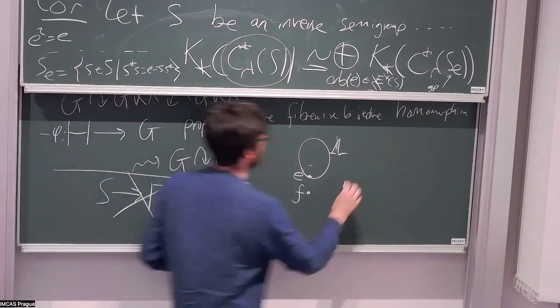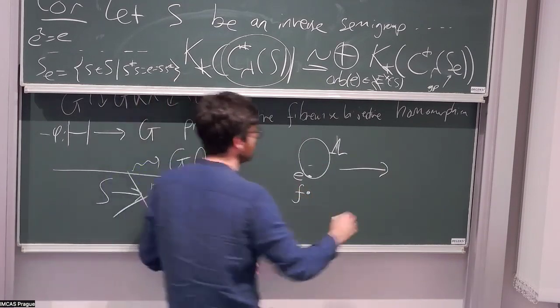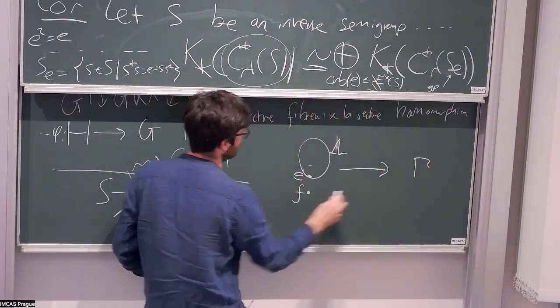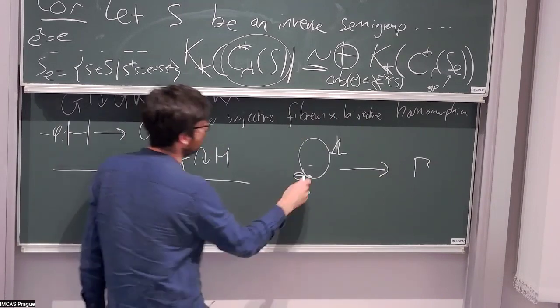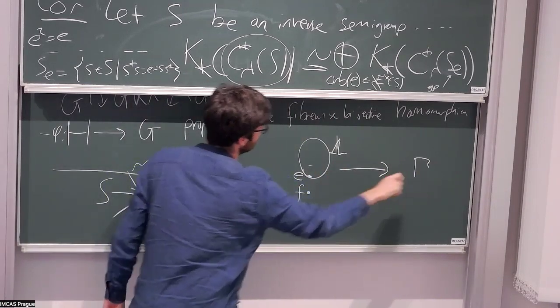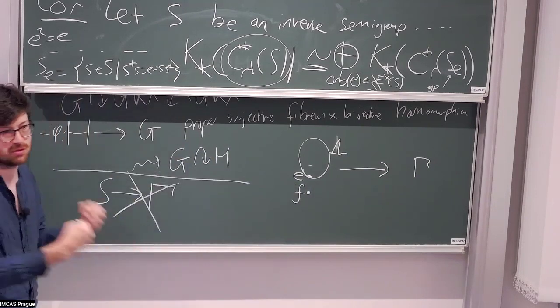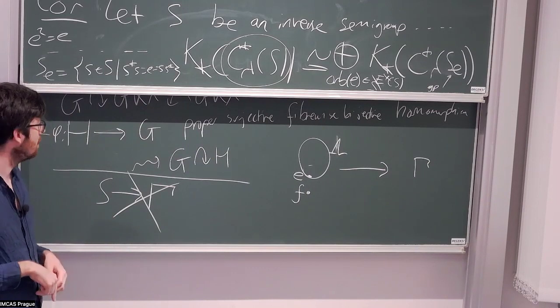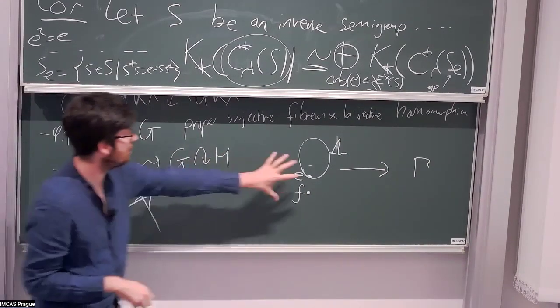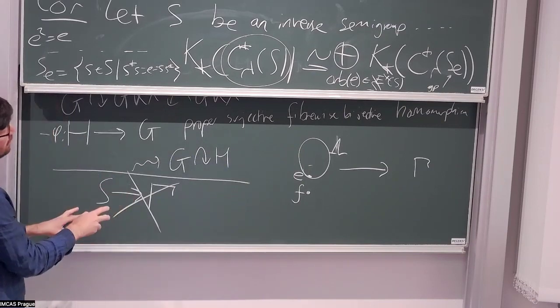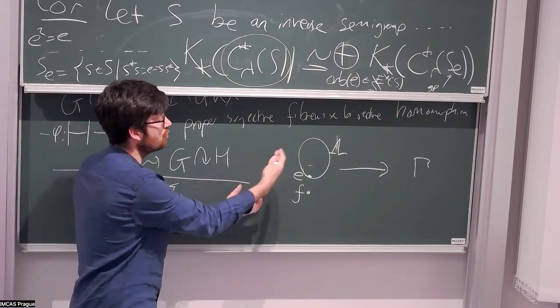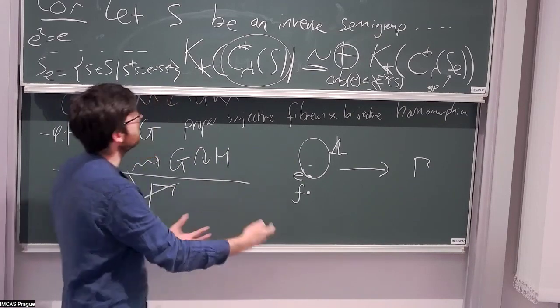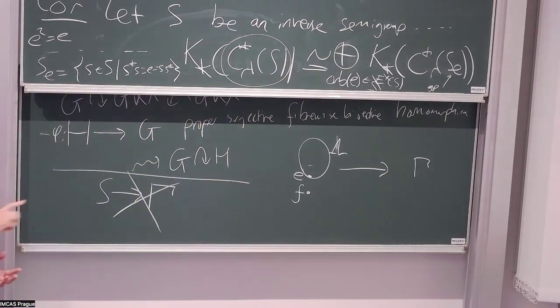Because if you go towards some group gamma, then both E and F have to be mapped to the identity, but actually all of the elements of this group have to map to the identity. So you're killing a lot of information as soon as you have to go to a group in a reasonably faithful way. So on the inverse semigroup level, it's very easy to violate this and draw examples with your hands that give you a new formula. Don't know if that answers the question.